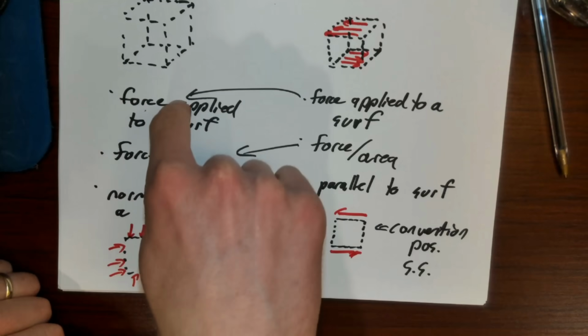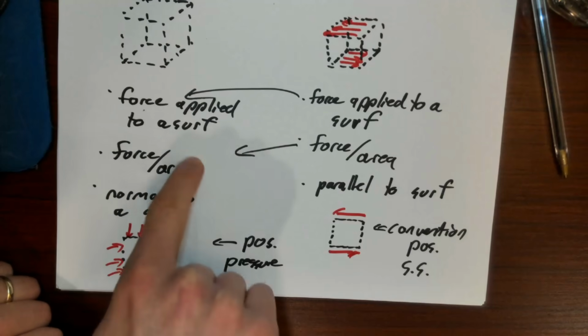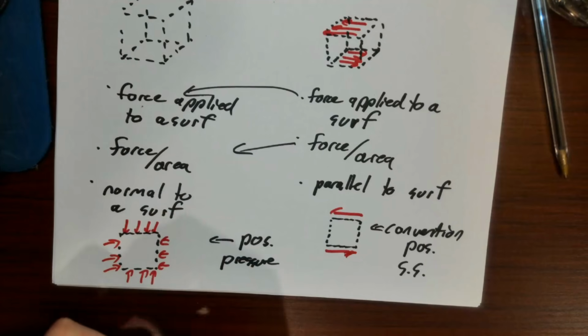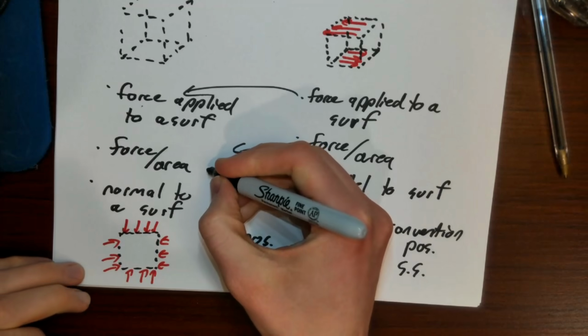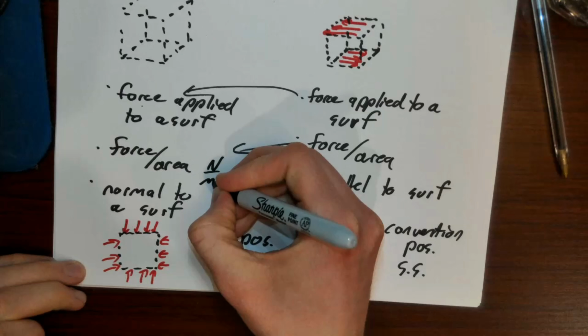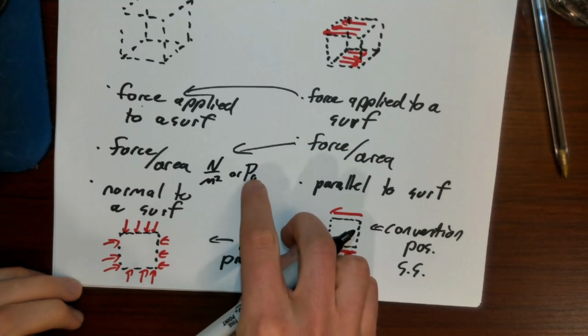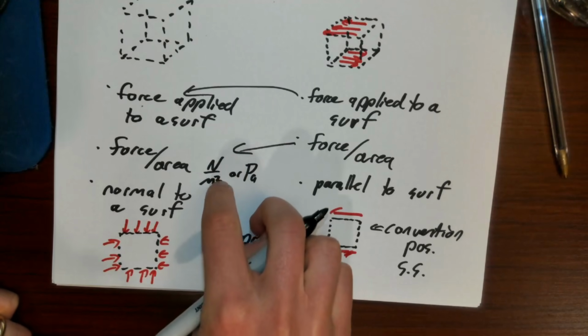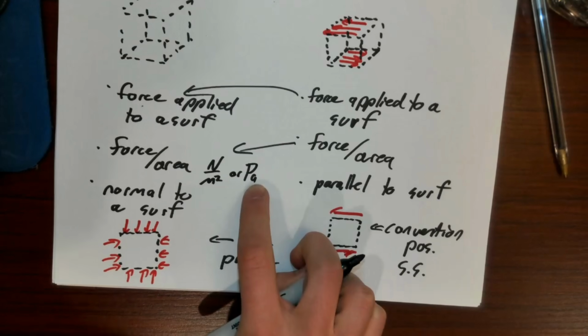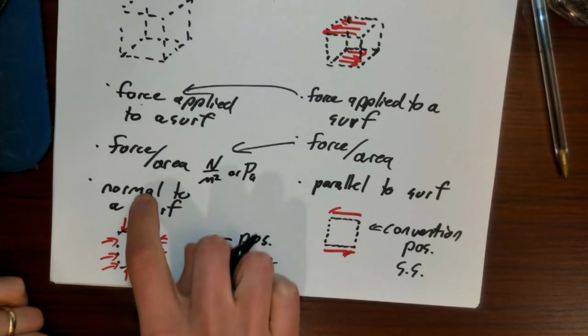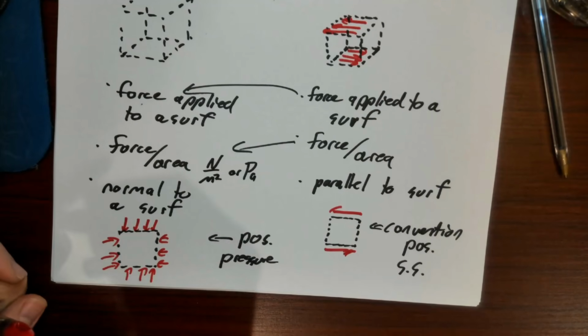So pressure is still a force applied to a surface. It still has units of force per unit area, right? So in SI, that would be newtons per meter squared, or if you want to give it the special name that is equivalent to a newton per meter squared, Pascal. It's just that pressure is normal to a surface, shear stress is parallel to a surface.